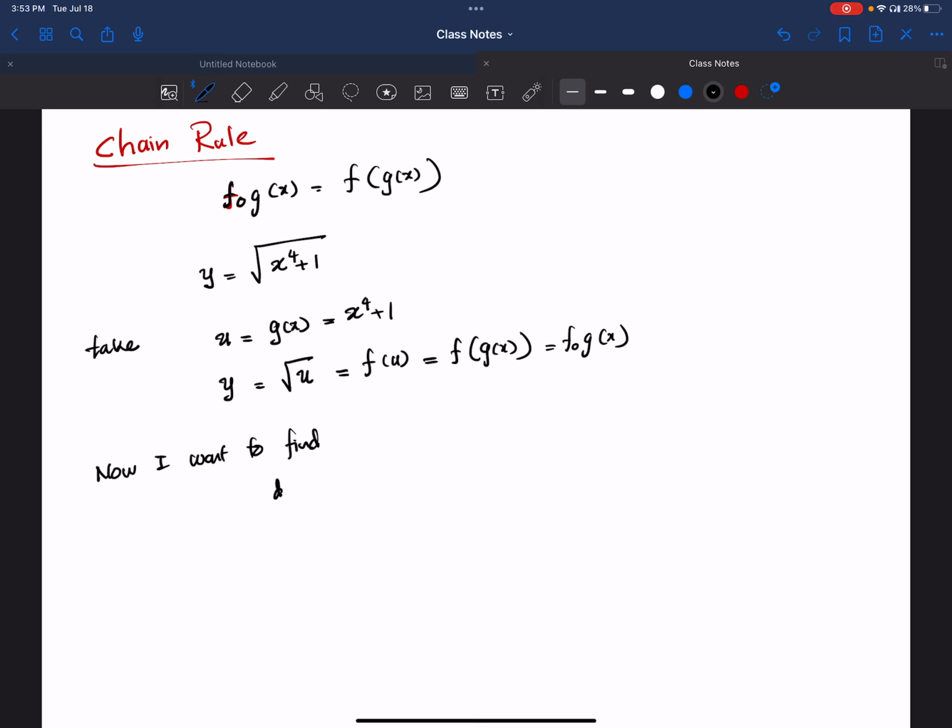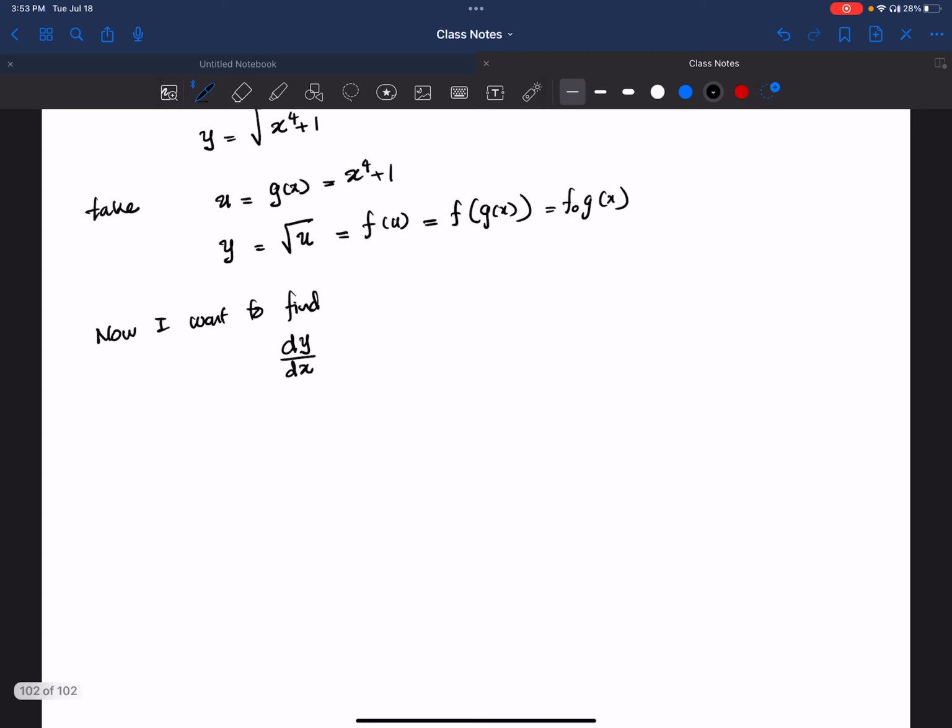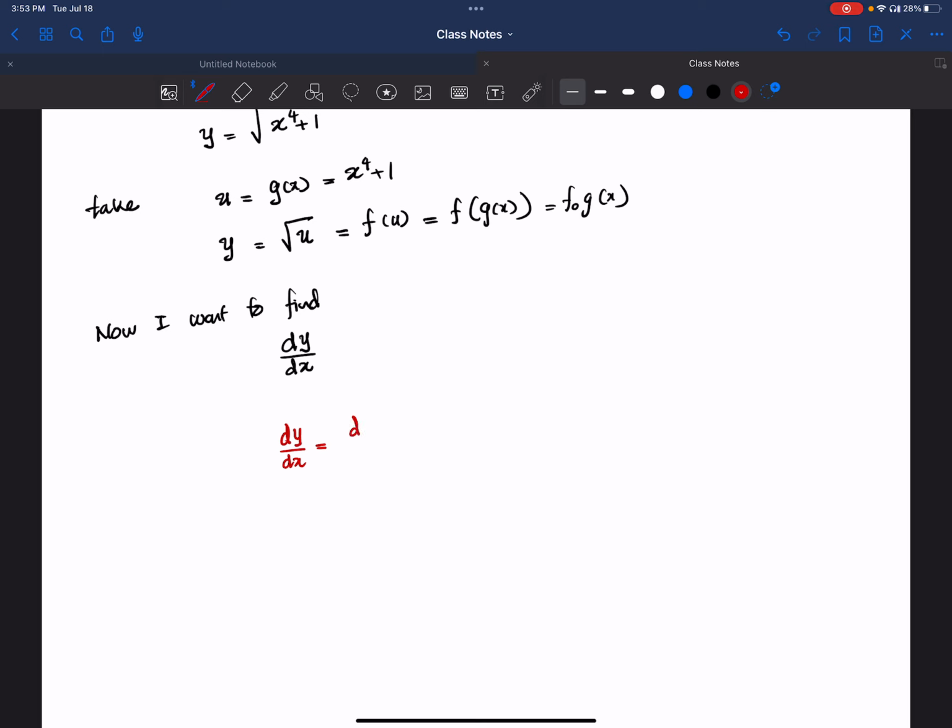Now I want to find dy over dx. This is what I want to find. For this, we're going to use the chain rule. Chain rule tells us dy over dx is equal to dy over du, because y is a function of u, times du over dx, because u is a function of x.